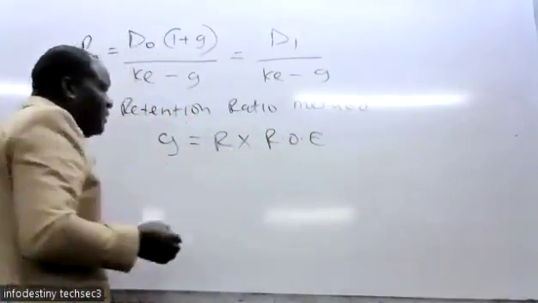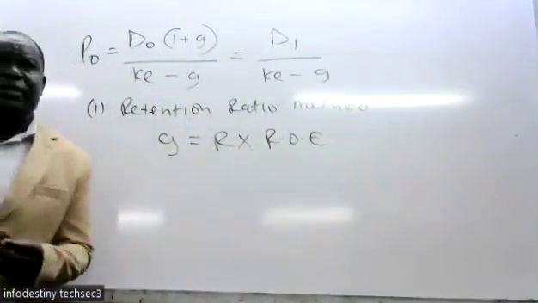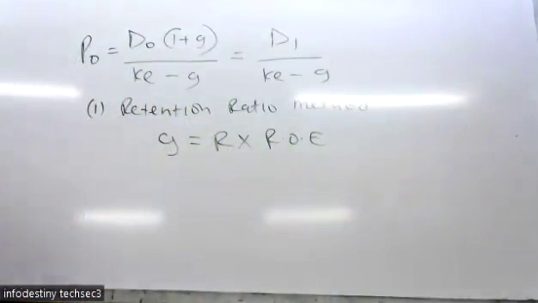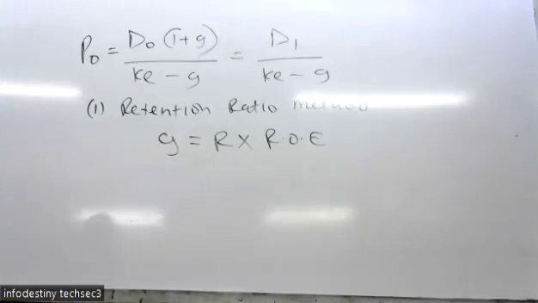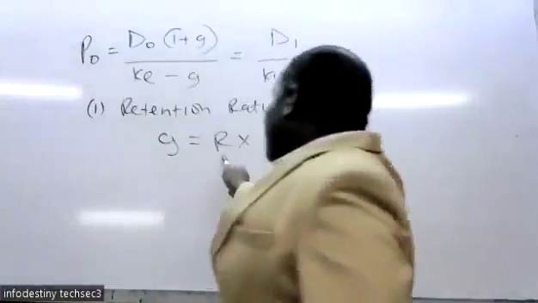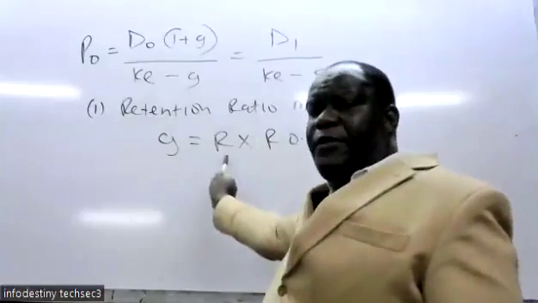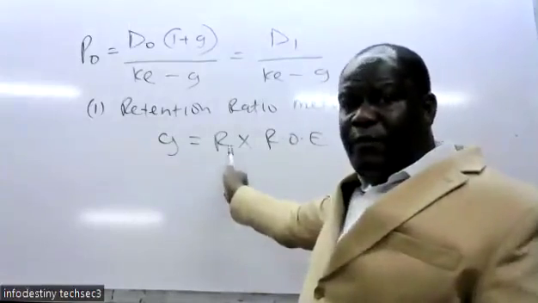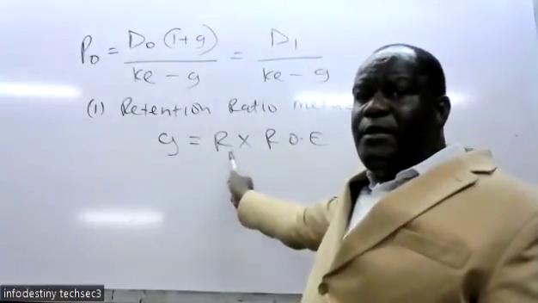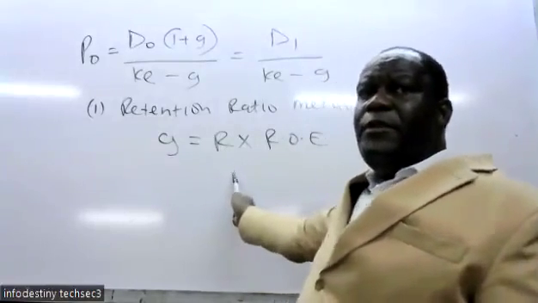So just like that, I will be able to explain what each one of them means. G will be equal to R multiplied by. So this one is the retention ratio of the profit.